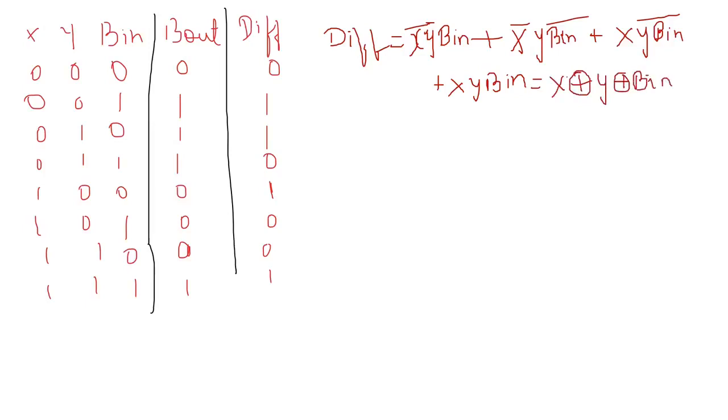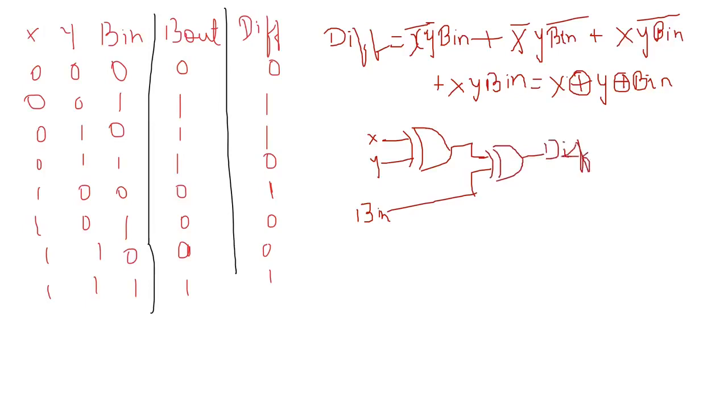Okay, the circuit for this is X, this is Y, X and Y go to an XOR, and this is B in, combination of these XOR gates, and the output is difference.